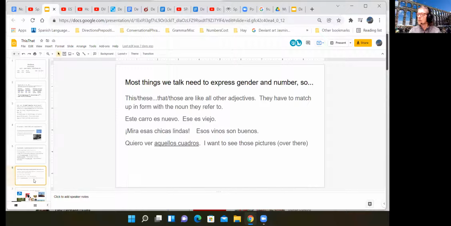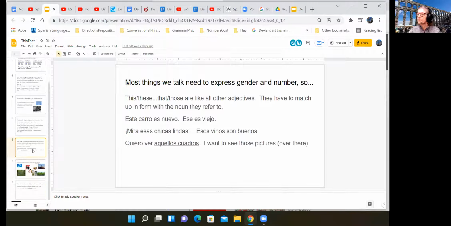But when we're talking about actual physical items that we describe in distance with this and these, we have to pay attention that the word this and these becomes nothing more than an adjective, and adjectives have to agree with the noun they're talking about.